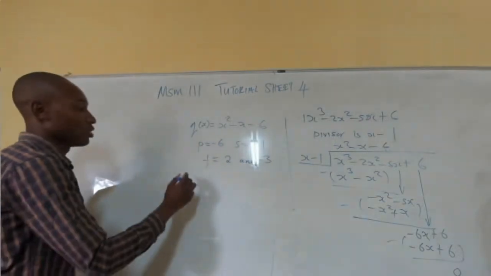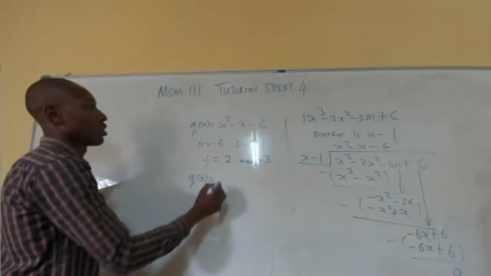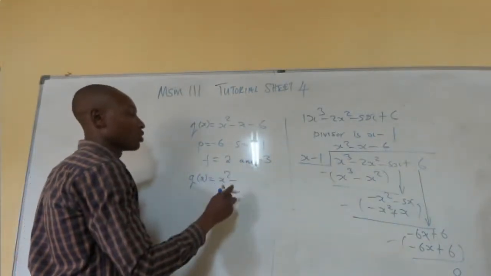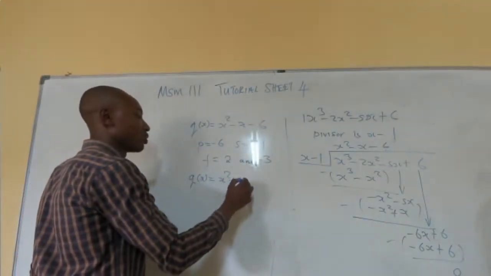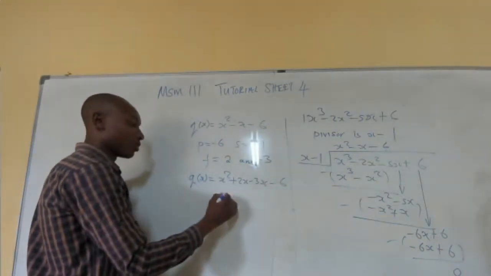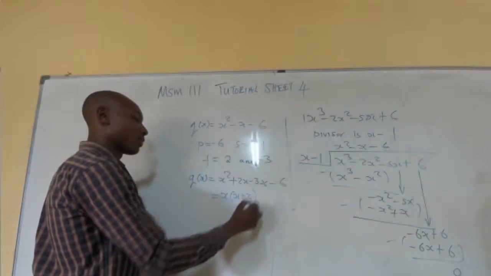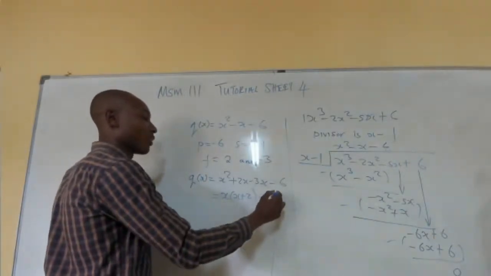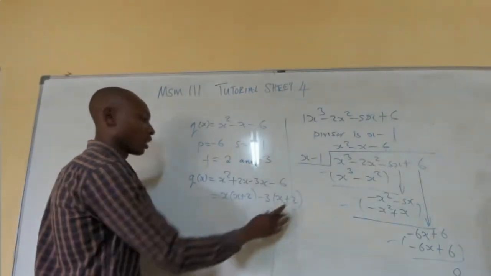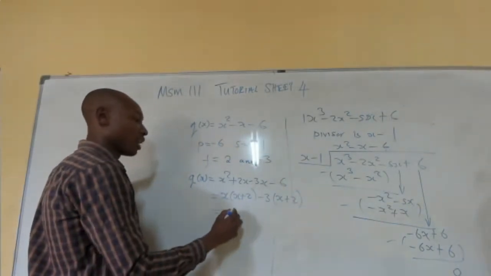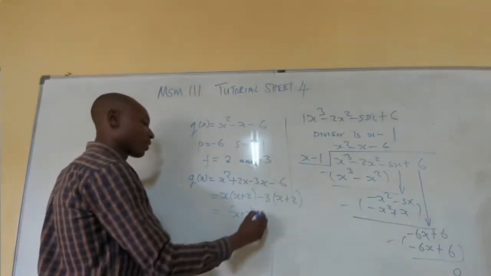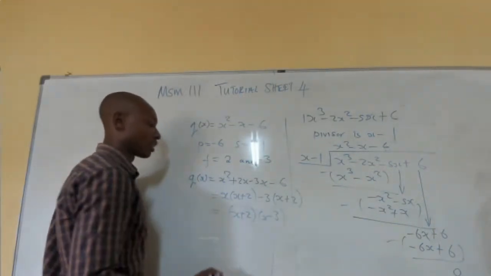From this, we write Q(x) equals x squared plus 2x minus 3x minus 6. Then what's common? The x is common in the first two terms, and minus 3 in the others. Here we have x plus 2, so we have x minus 3 times x plus 2. I factorize that.